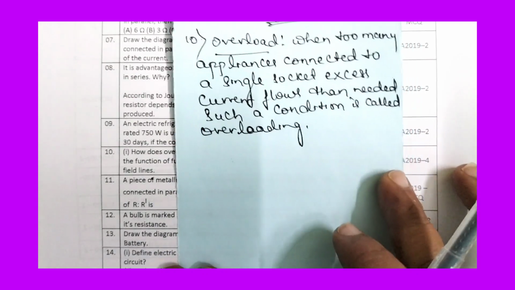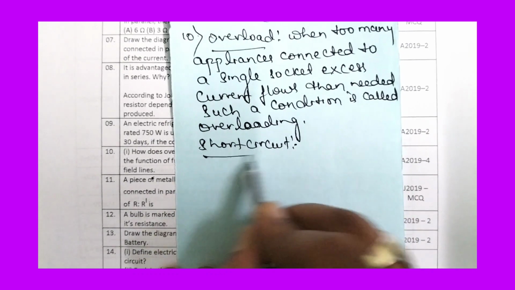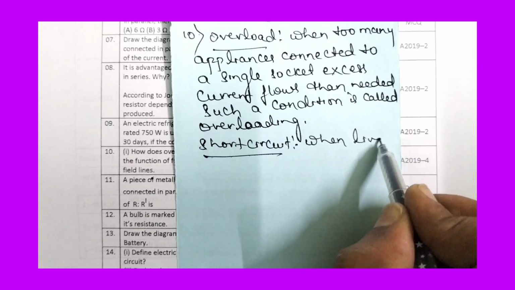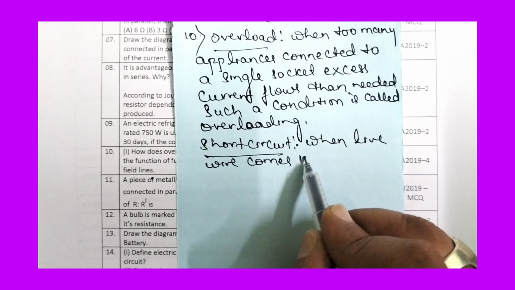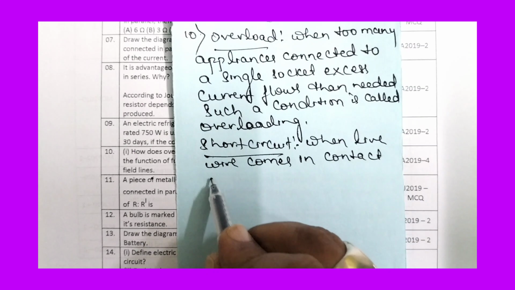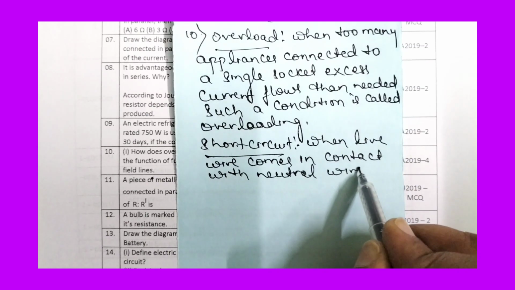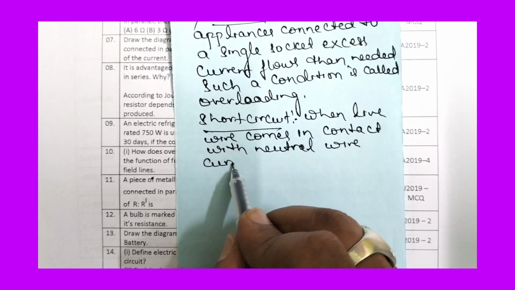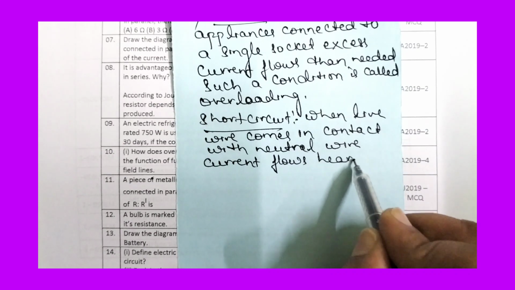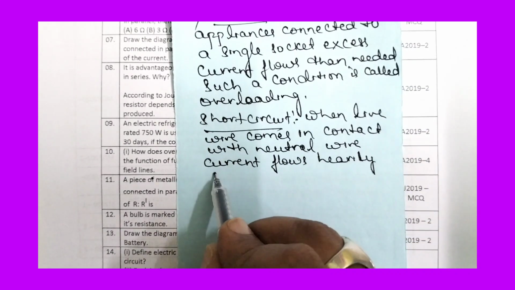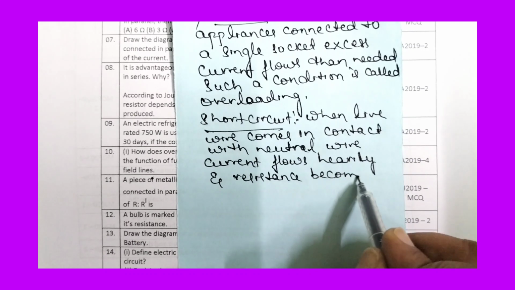Next, what is short circuit? When live wire comes in contact with neutral wire, current flows heavily and resistance becomes almost zero.